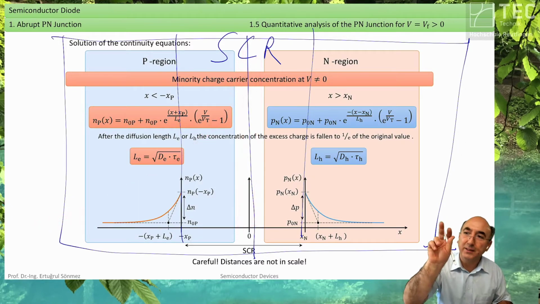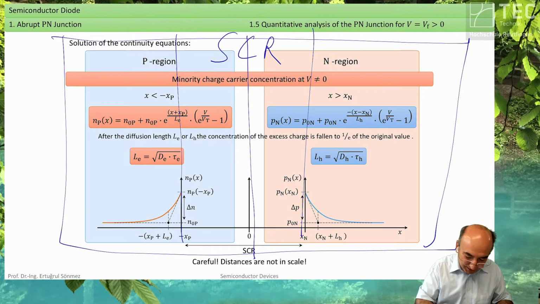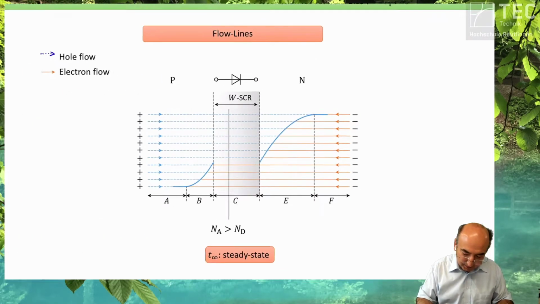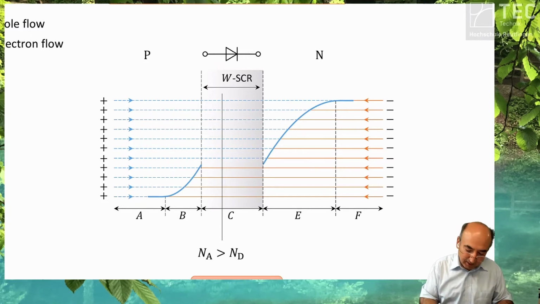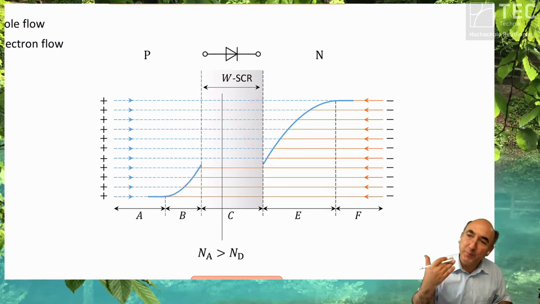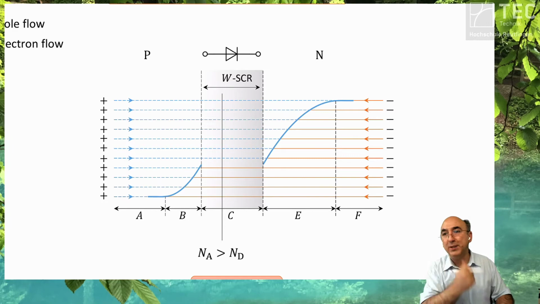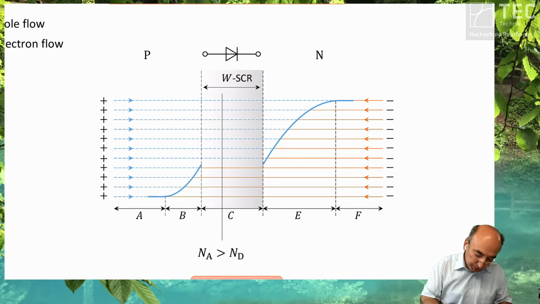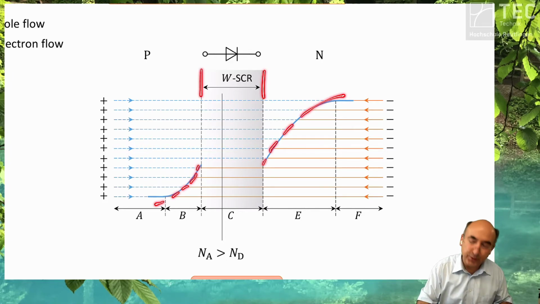Now it's in scale, okay? And therefore, I said for these flow lines, in this space charge region, there is no recombination, because the probability of recombination within the 200 nanometers is zero compared to the recombination outside the space charge region.